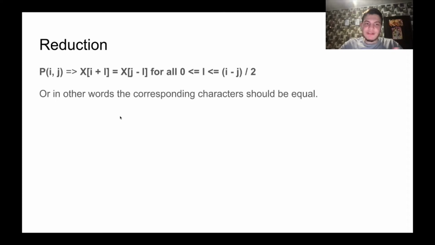And the first part of the reduction is the following. We know that if P of i j is a palindrome, then we want x from position i to position j to also be a palindrome. In other words, we want the following condition to be true, where L here is the length, we want this condition to hold.